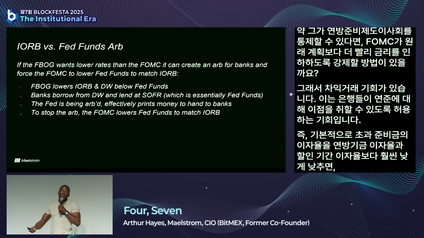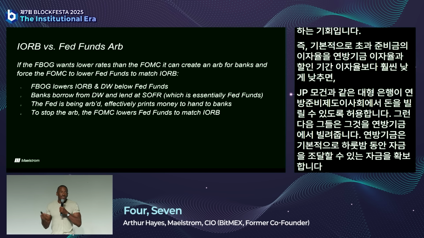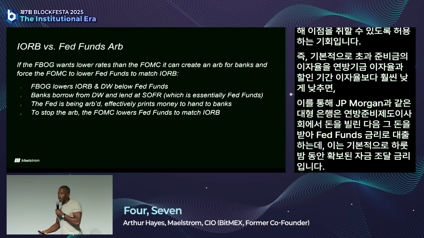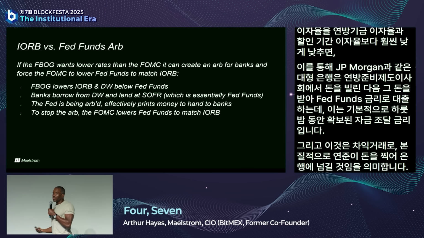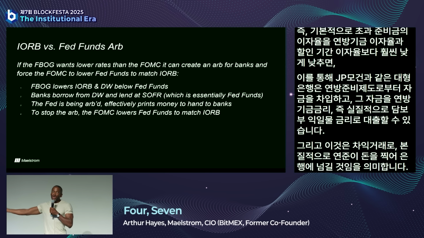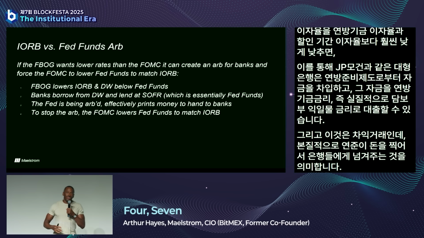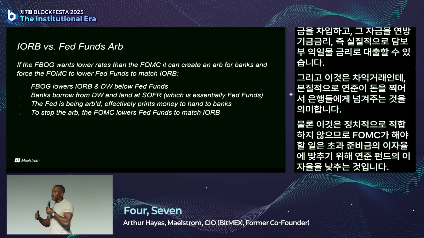And this is an arbitrage which will essentially mean the Fed is going to print money and hand it to the banks. Now, obviously, this is not politically palatable, so what the FOMC will be forced to do is lower the rate on Fed funds to match the interest rate on excess reserves. And in this way, Trump, using control of the Board of Governors, can influence the FOMC to do what he likes, even if they are in opposition to him.